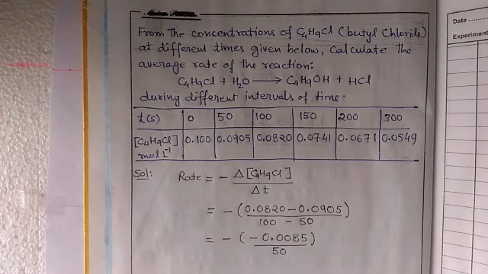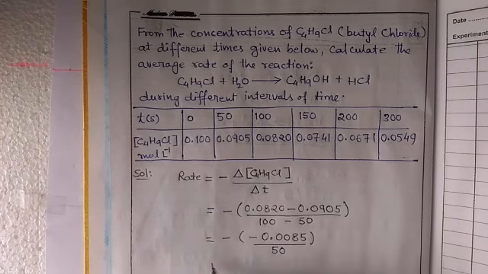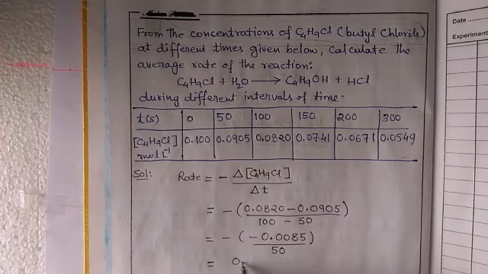This is what we are going to have. Now we have to divide 0.0085 by 50, but before that we have two negative values. It will make together a positive value, so let's write it once again: 0.0085 by 50.